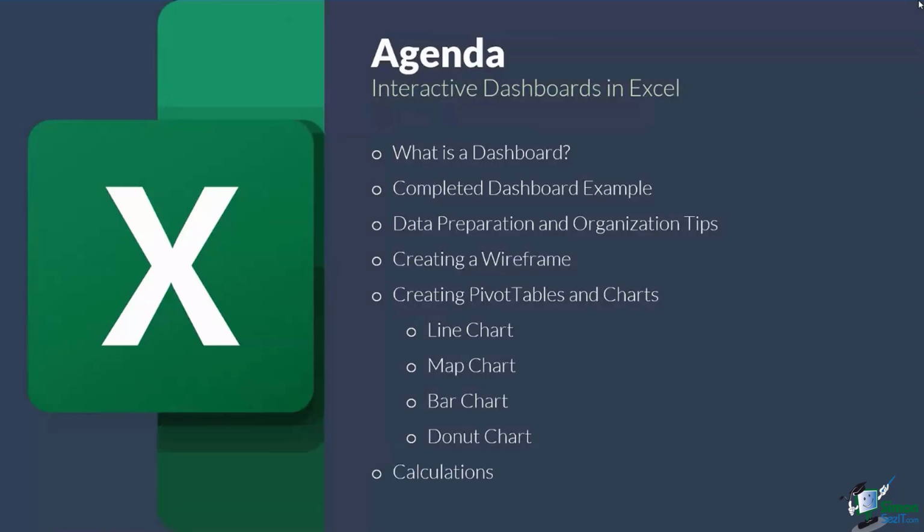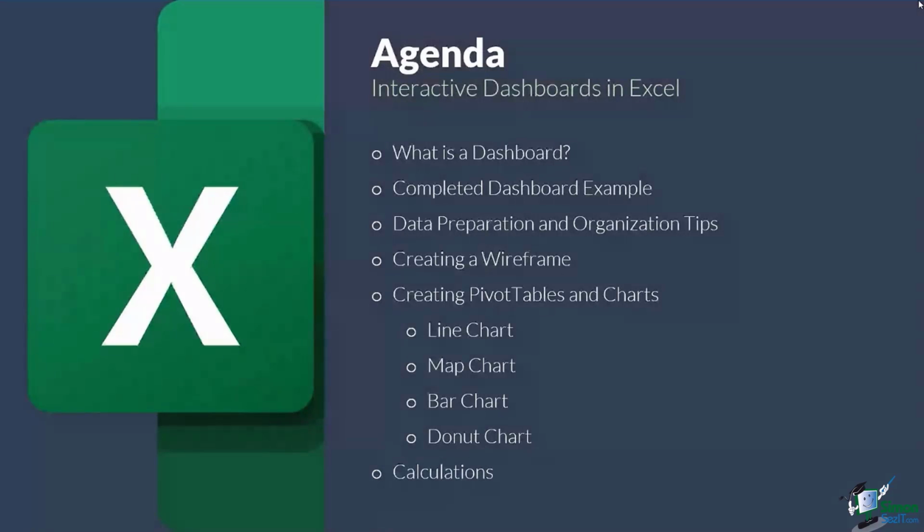So we're going to talk a little bit about that, and then we're going to jump into actually setting up or creating the information that we want to put on our dashboard. And the dashboard we're going to create today is pretty heavy on pivot tables and charts. So if you love pivot tables as much as I do, then you're probably going to really, really enjoy this. We're going to create 4 different pivot tables and 4 different pivot charts.